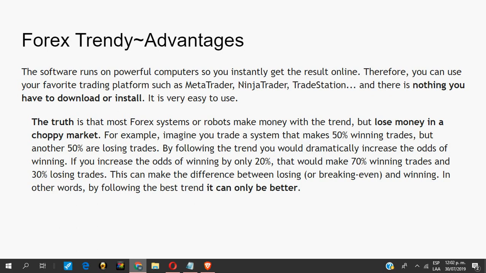If you increase the odds of winning by only 20%, that will make 70% winning trades and 30% losing trades. This can make the difference between losing or breaking even and winning. In other words, by following the best trend, it can only be better.